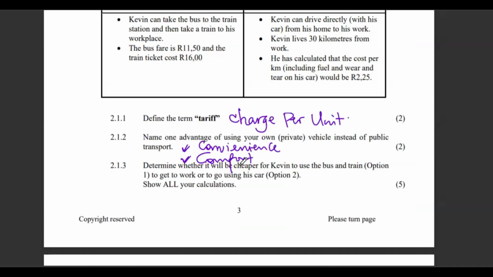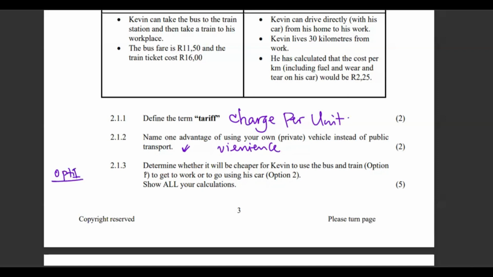Determine whether it will be cheaper for Kevin to use a bus and a train, option 1, to get to work, or to use his own car, option 2. Show all the working. Now here we're going to need option 1. You need to give us the amount he's going to spend.